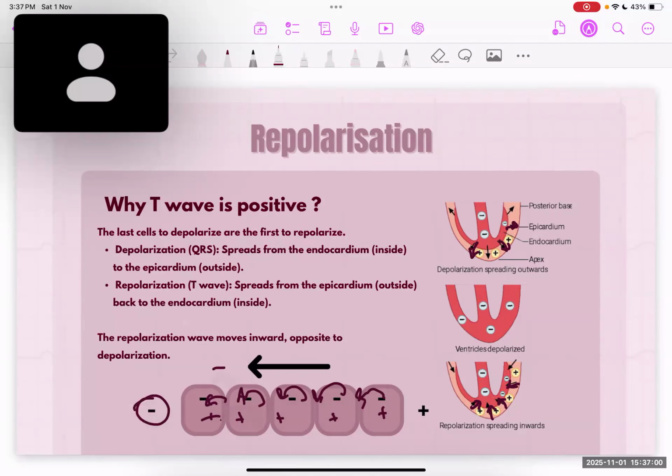So when negative charges are going towards the negative electrode, you're going to get a positive deflection, because negative negative gives you a positive. Another way to understand it: repolarization moving away from the positive electrode gives you a positive deflection. That's why. Just focus on this part. Is that clear now?